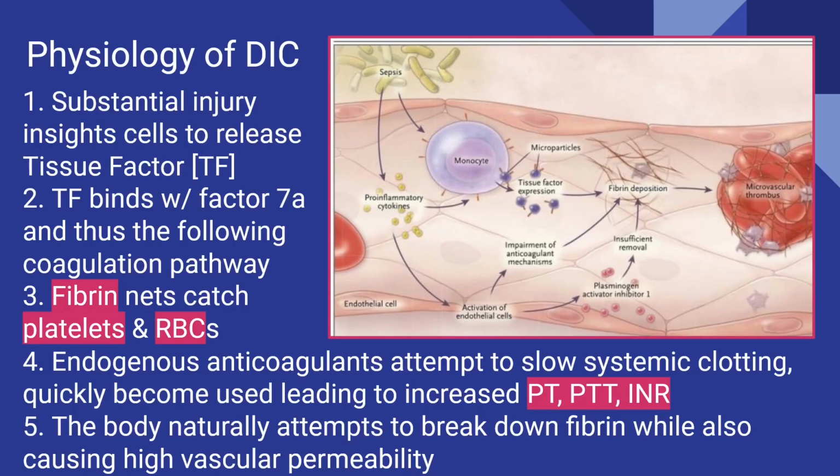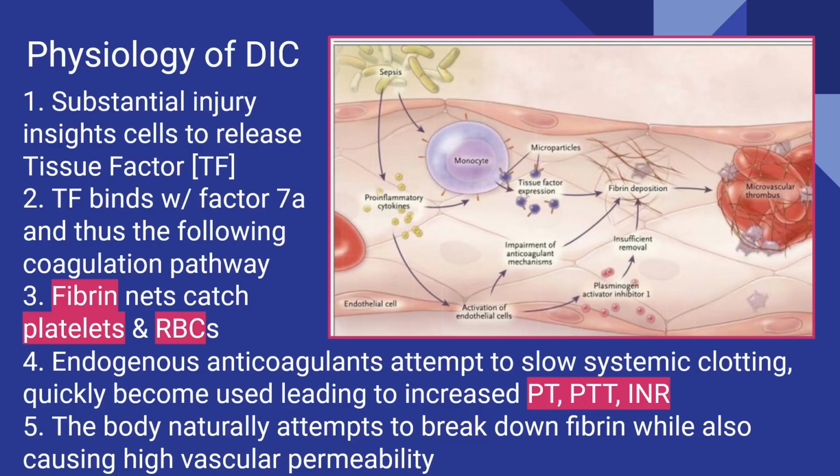And the body tries to respond to this by releasing a ton of anticoagulant. And what that does is it breaks down a lot of these clots, but you end up using all of your resources up.